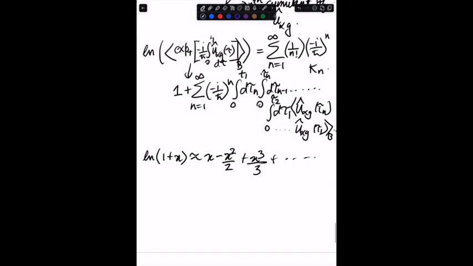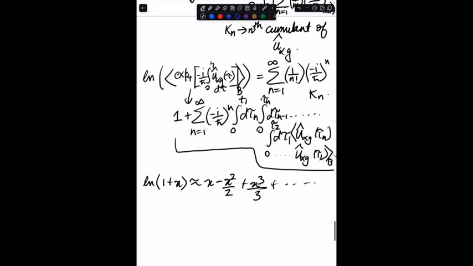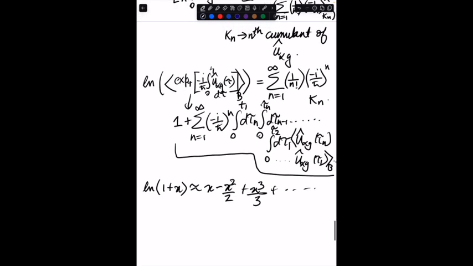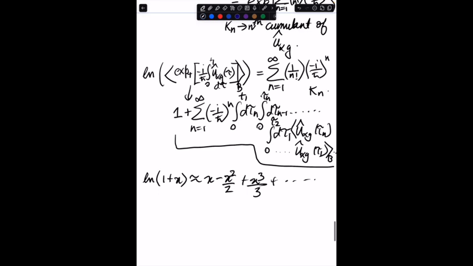And we can compare the cumulants on both sides to get a result, or we can compare this coefficient minus i upon h bar on both sides and also get a result.